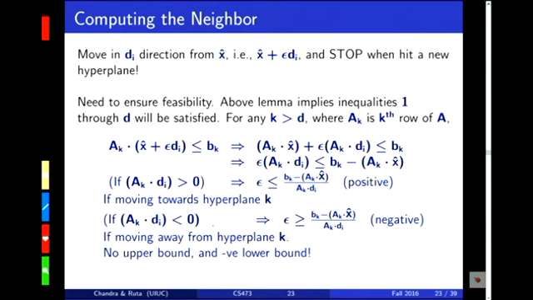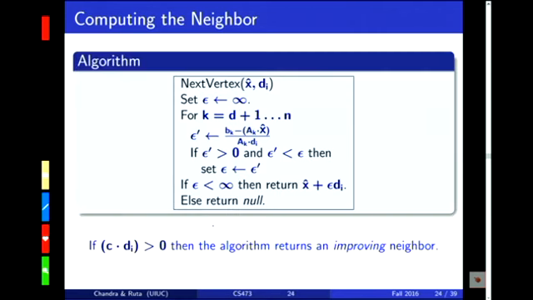Okay, so for those which are moving away from the hyperplane, you don't need to take care of that, because that just gives you a lower bound which is negative. And when you are moving towards a hyperplane, you get an upper bound, and you get a set of upper bounds, so you pick the minimum one, right? So that gives you an algorithm. You set epsilon to infinity.